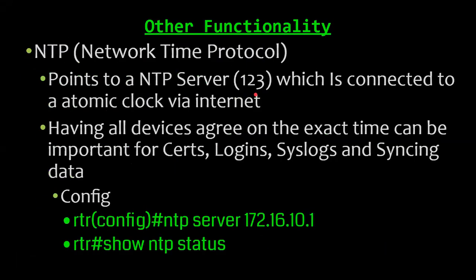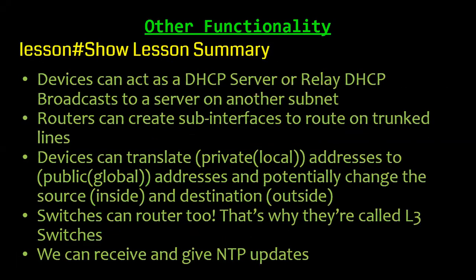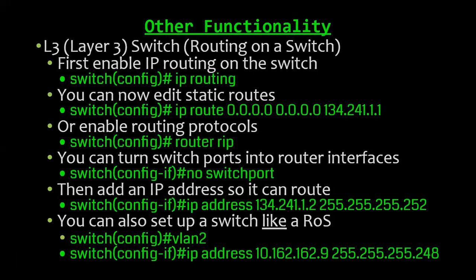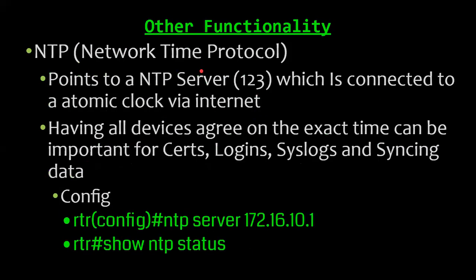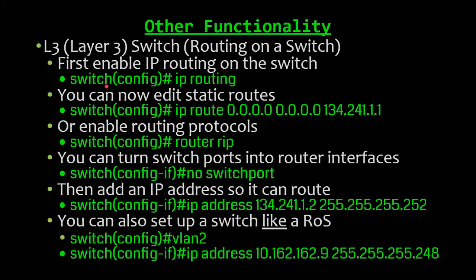All right, I think we're going to have to do a third lecture. Sorry, everybody. In the practice, you're going to have to do this next, which is just setting up. First, you're going to do the sub interfaces, and then I'm going to have you do layer 3 routing. You're going to end actually in PAT. This last part, NTP, is dirt simple. Next lecture, we'll talk about layer 3 switch routing.